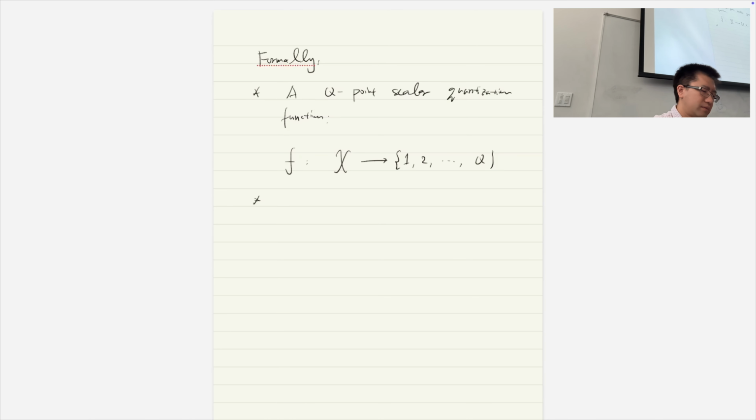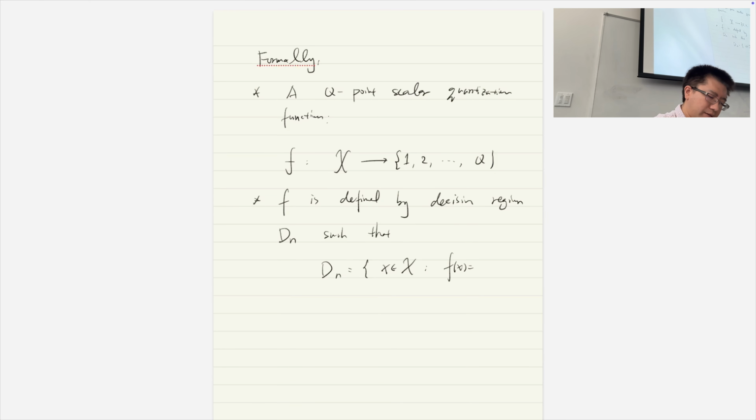I'll just write and see whether it makes sense or not. When you define what f is, f is defined by the region of scalar quantization, or the decision region. We'll call that Dn, such that Dn is nothing but x has to be here, and then f(x) is n.